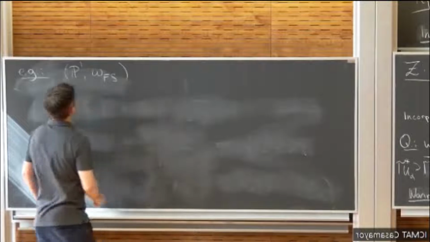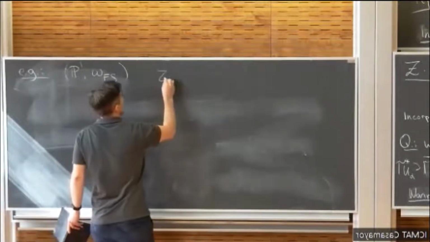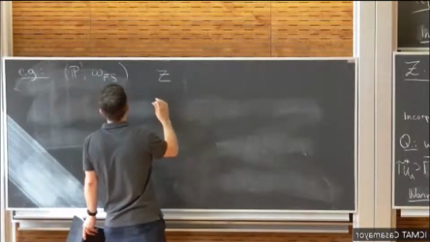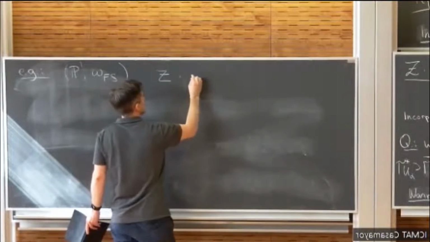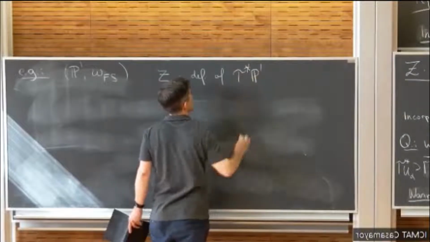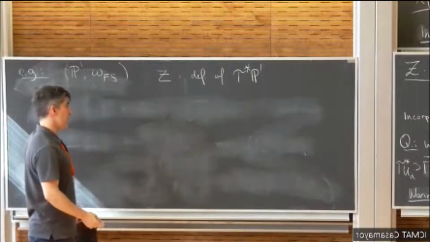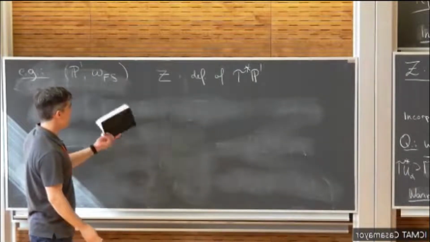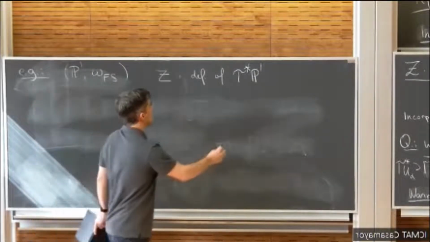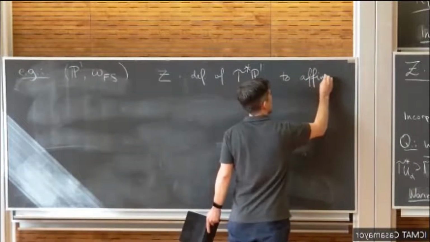So in this case, this Z space is going to be a deformation of the cotangent bundle of P1. And there's only really one interesting deformation of T star P1, and it's the deformation to an affine quadric.